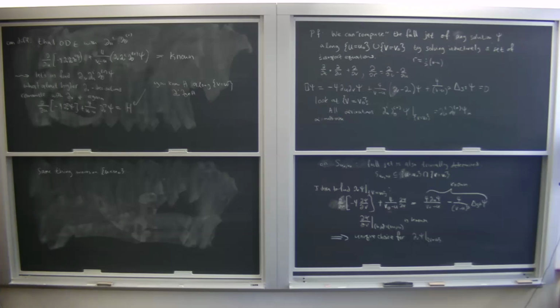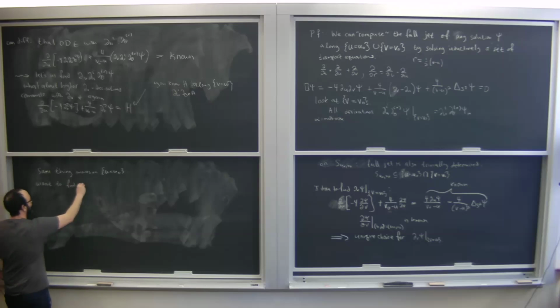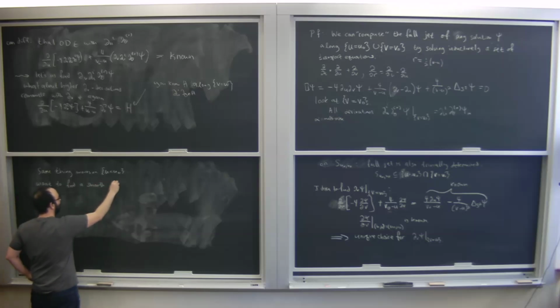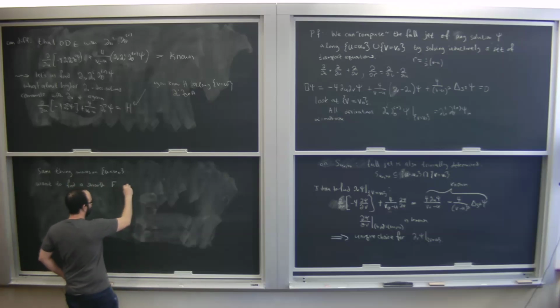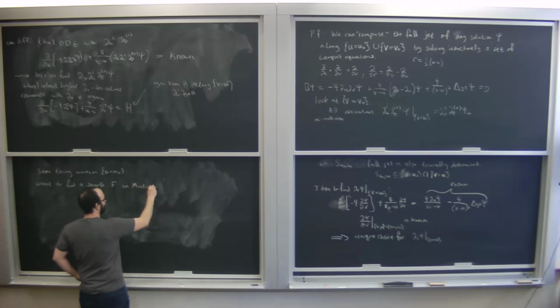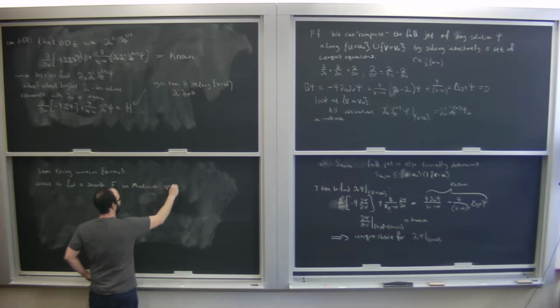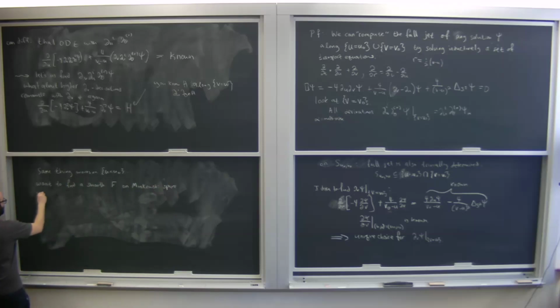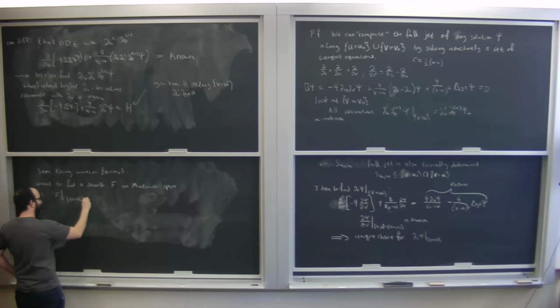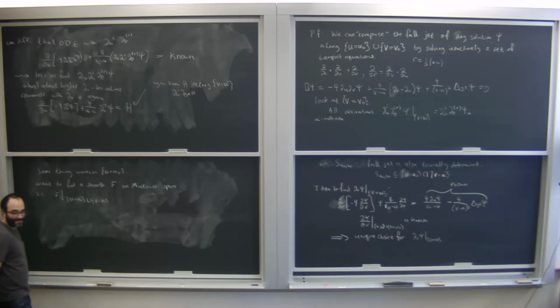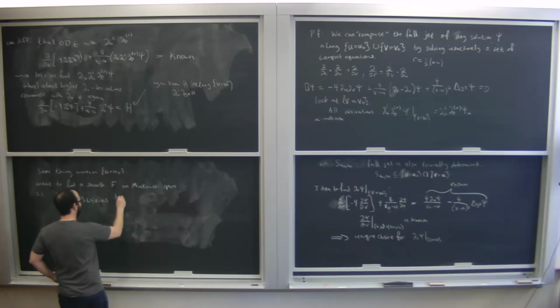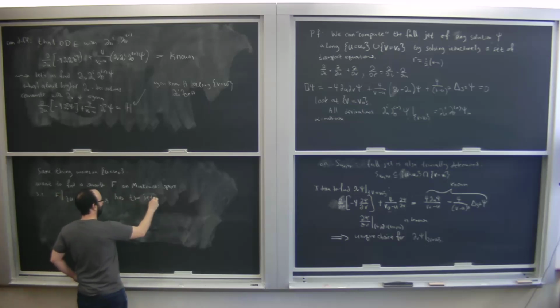Now what I want to do is find a smooth function f, let's say on Minkowski space, such that when I restrict f to these hypersurfaces where I computed everything, it has the jet we computed.